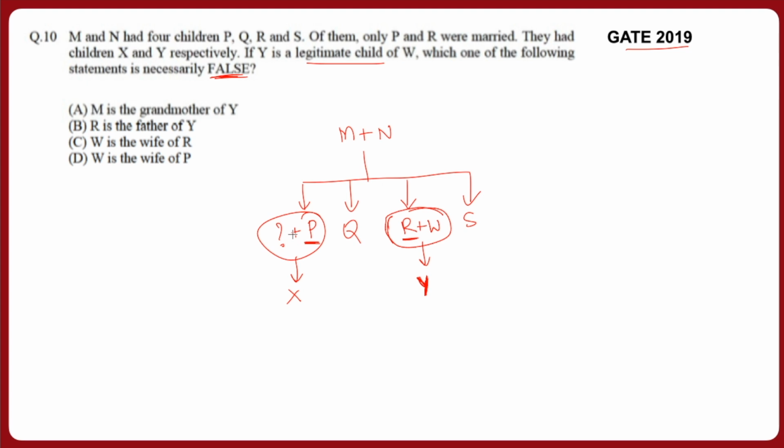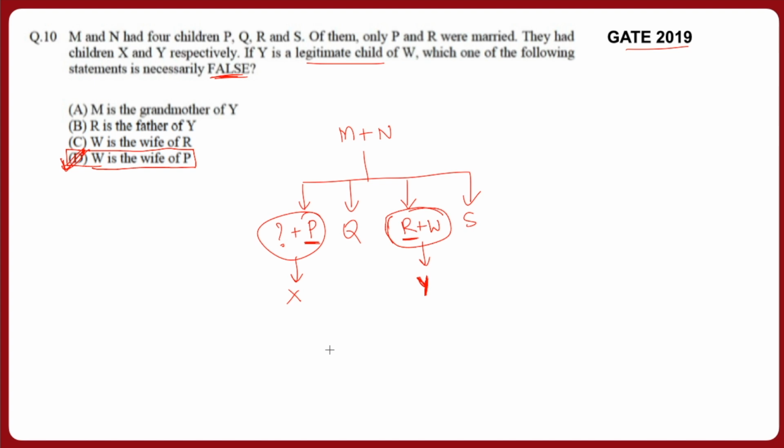So the statement which is necessarily false is actually statement number D, where W cannot be related to P. Others can be true, there are chances that they can be true, but there is not a single chance of W to be related with P. So that's why statement number D becomes necessarily false statement. So again, nothing to apply, no formula, no concept, just based upon whatever is given in the question, you can simply solve it.